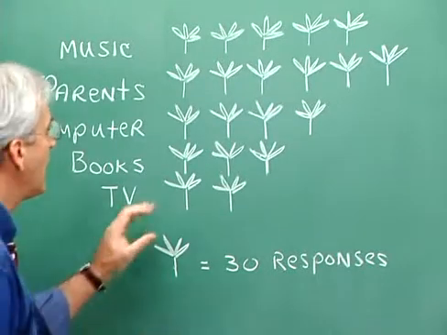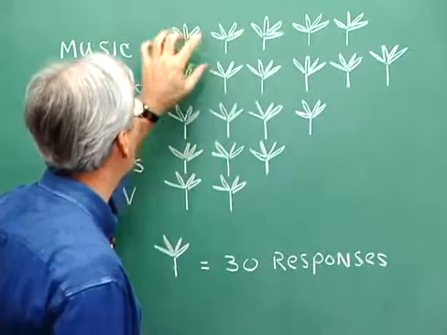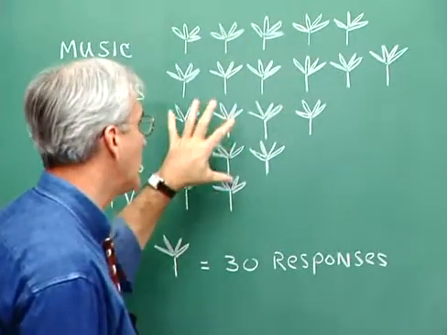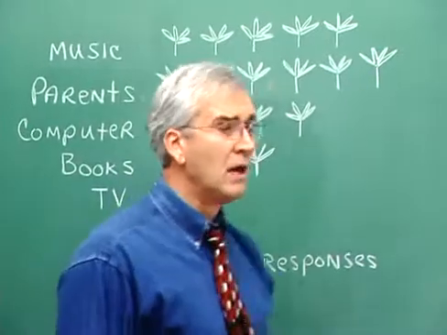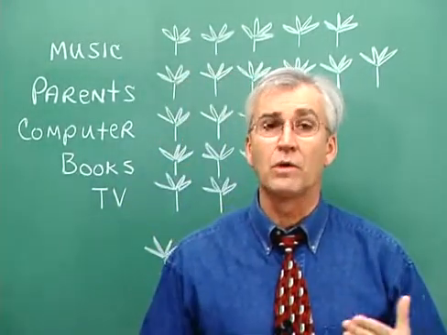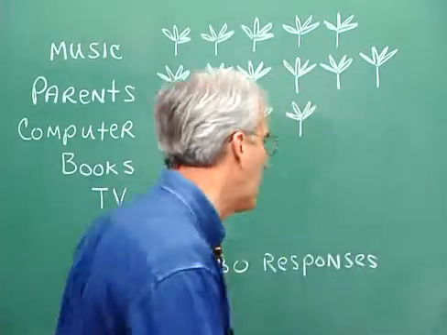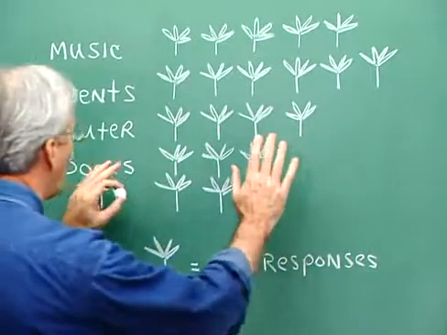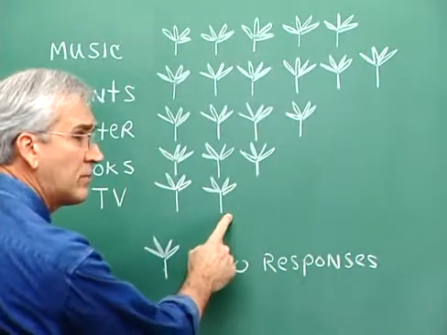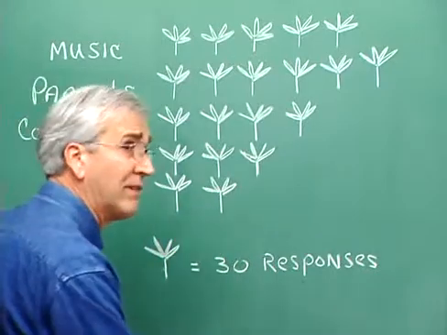Now notice that there is a complete palm tree associated with every one of these figures. Every one of the figures I've drawn is a complete palm tree. But it's pretty unlikely that each of the categories would be a multiple of exactly 30. For example, suppose there weren't 60 respondents here. There were 45, let's say.